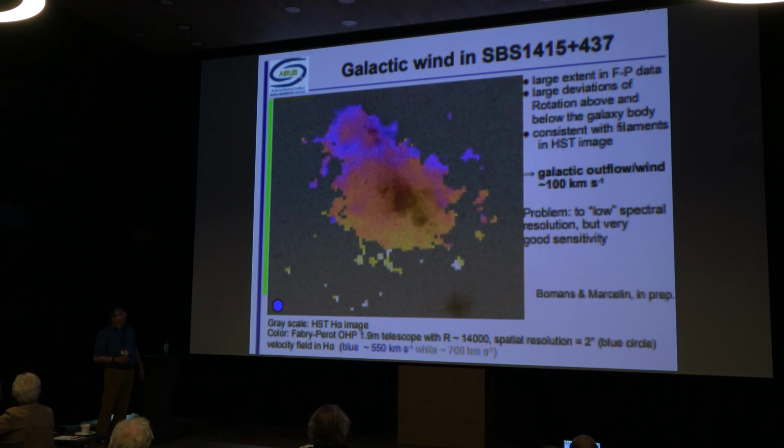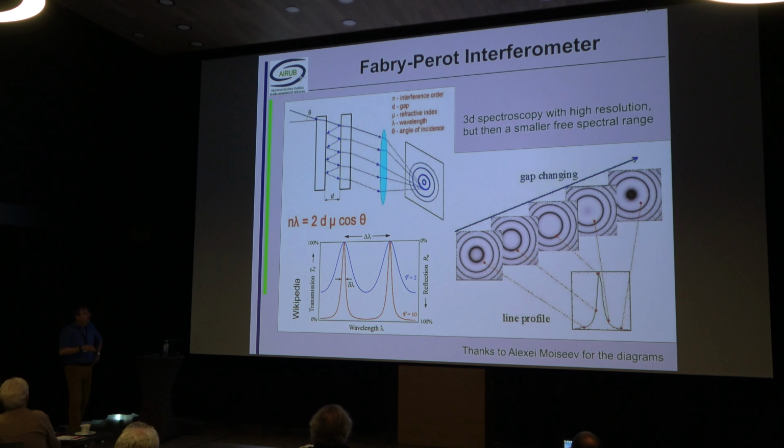So the parameters which go in here are the wavelength, the order, and the D, which is the distance between these two parallel plates. The finesse, the F, is the defining parameter which gives you the spectral resolution, so the width of this repeating maxima in the Fabry-Perot interference pattern.